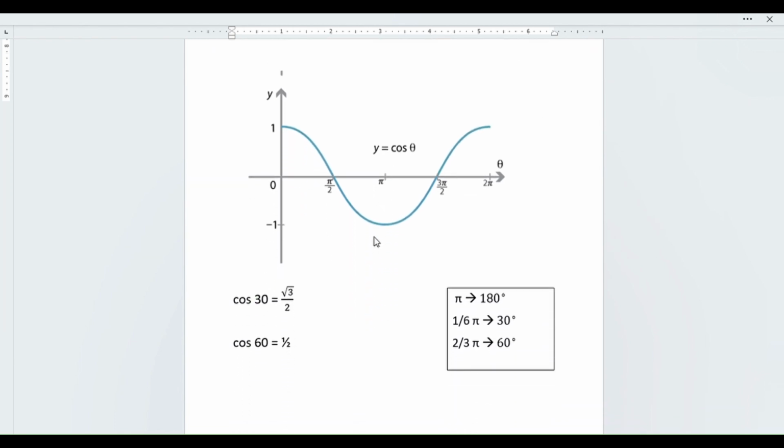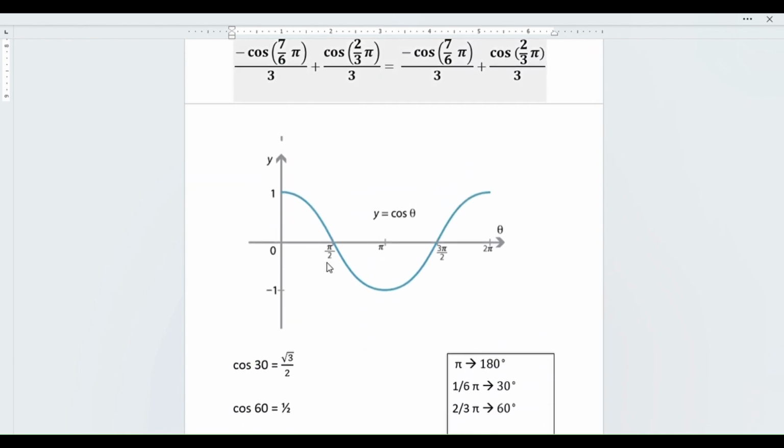So now to the graphical portion of this video. You can see this is a graph of cos theta. Now pi radians gives me 180 degrees. So this is 180 degrees over here. And as part of the syllabus, you have to know the value of cos 30, that is under root 3 over 2, and the value of cos 60, which is half.